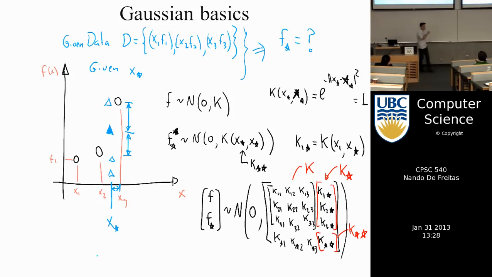So now we have a joint distribution over f and f*. If I ask you to get me the conditional of f* given f, how would you go about it? Just use the theorem.